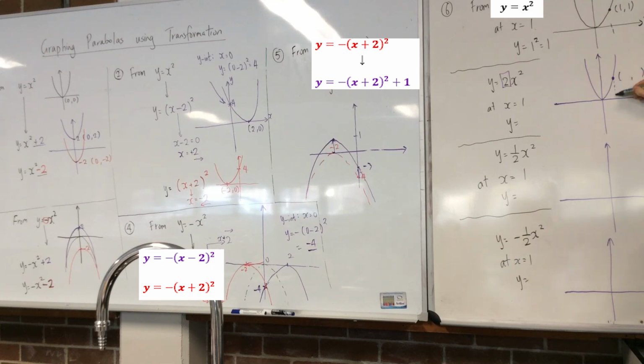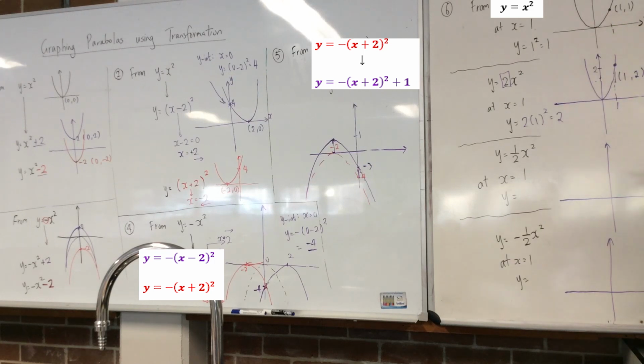Usually you use the coordinate x equals 1 to compare the y value. So if you substitute x equals 1 in here, what do you get? What's that? 2. So the coordinate is 1, 2. As you can see, it's gone narrower, and we've shown that by showing the coordinate of 2 here instead of 1, 1.